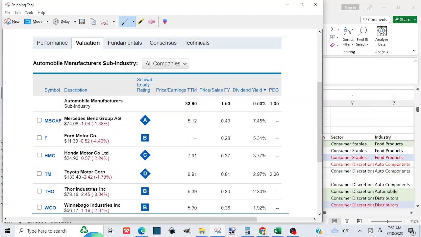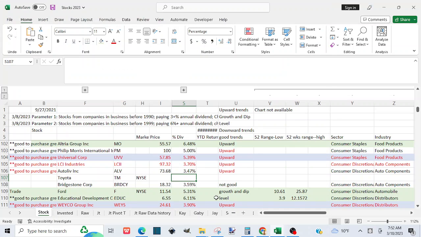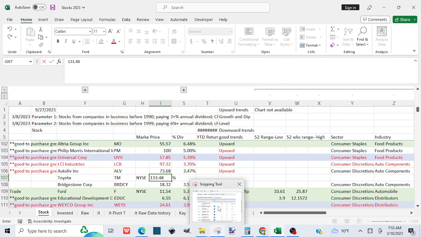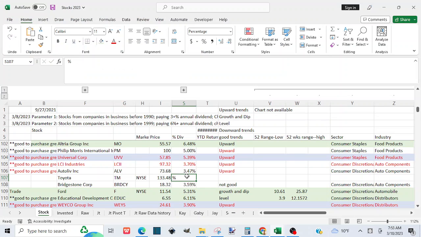But right underneath it, you will see the price, 133.48, 133 point... Is it 30 or 40? I'm not even sure. 48, and 2.97%.